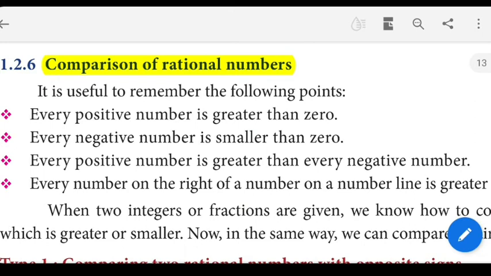First condition: every positive number is greater than 0. Second condition: every negative number is smaller than 0. Third: every positive number is greater than every negative number.